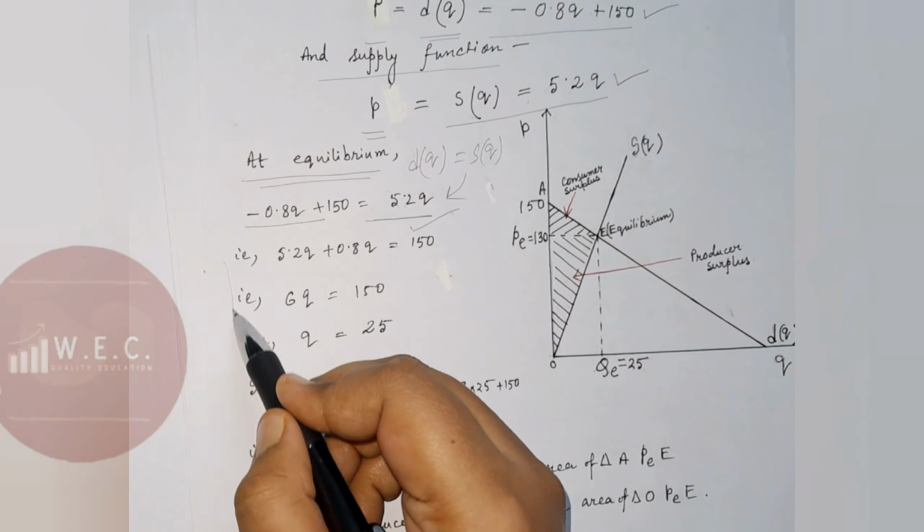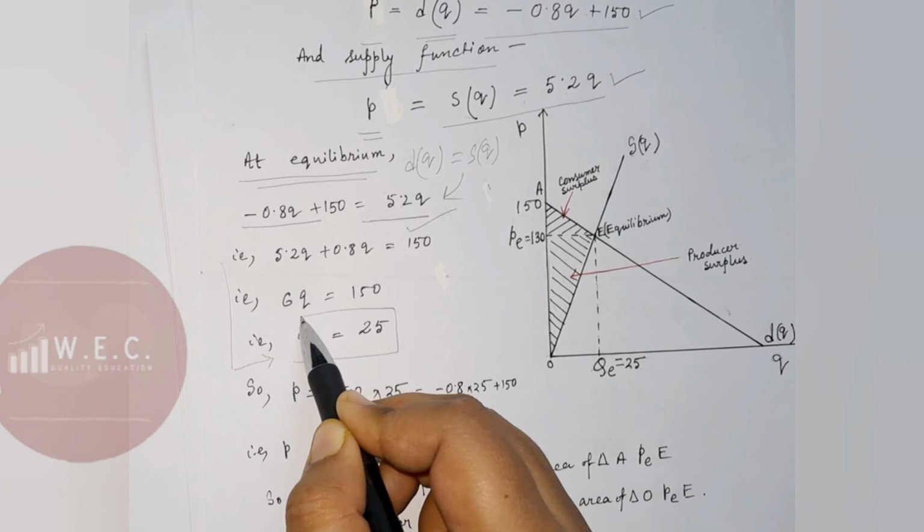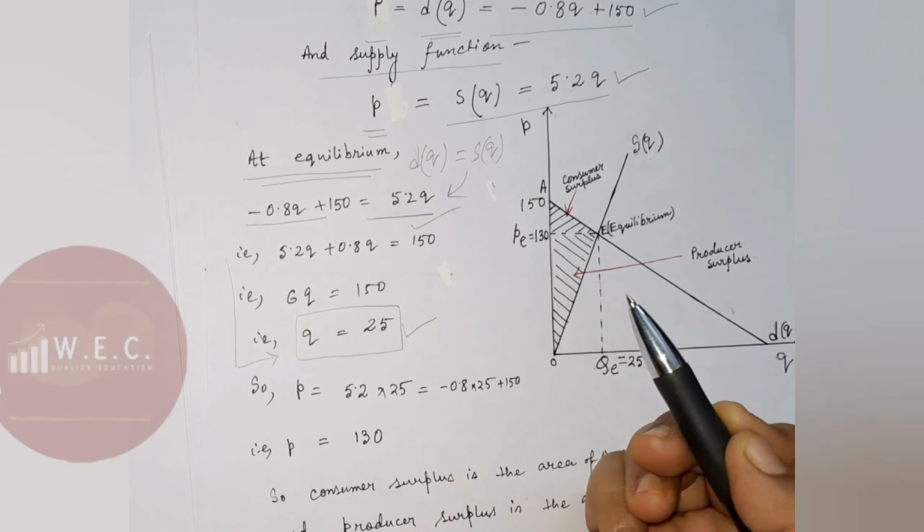So we can see equilibrium quantity is Q equals to 25 units and equilibrium price is 130 rupees.